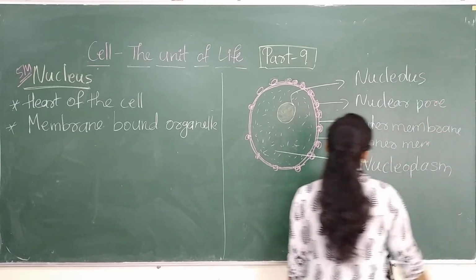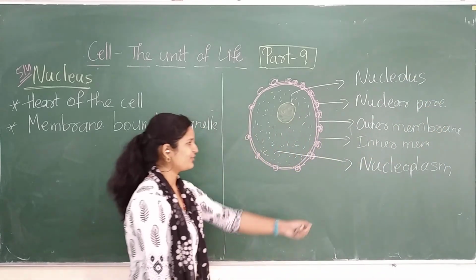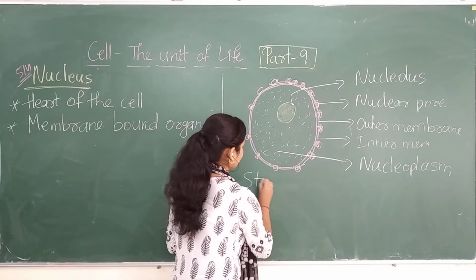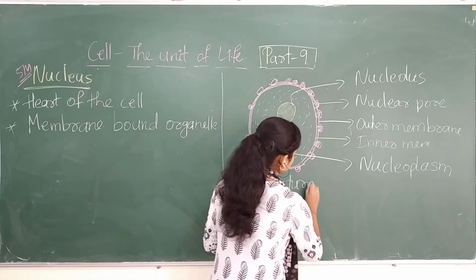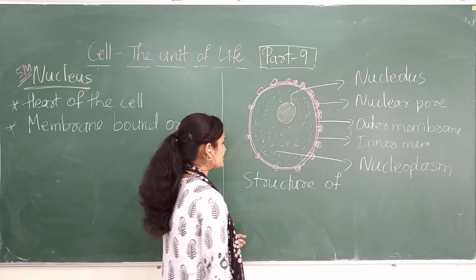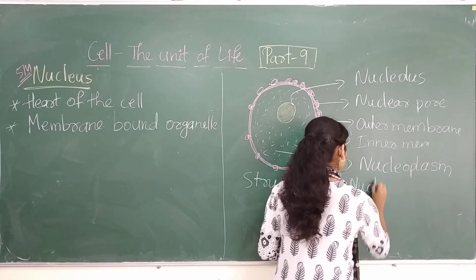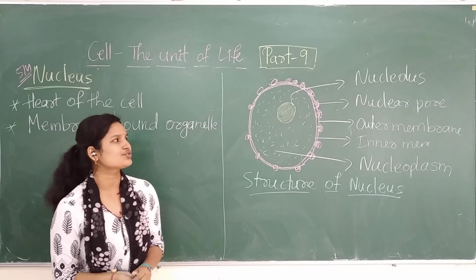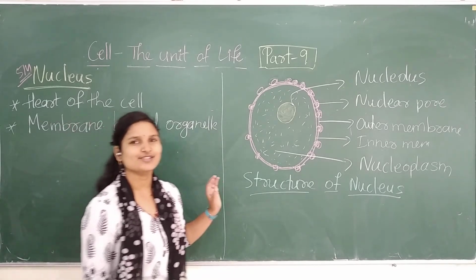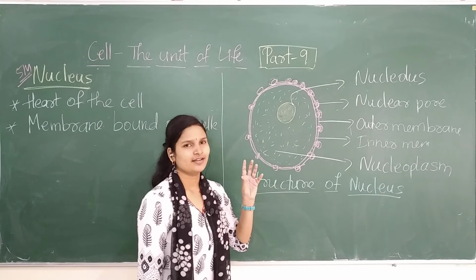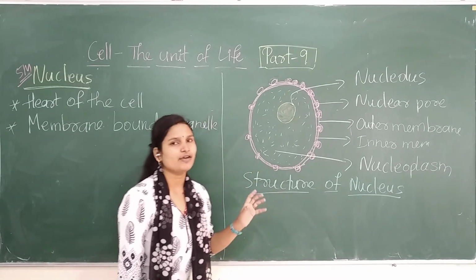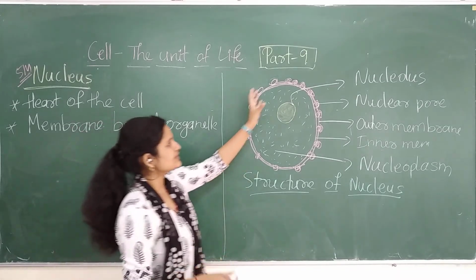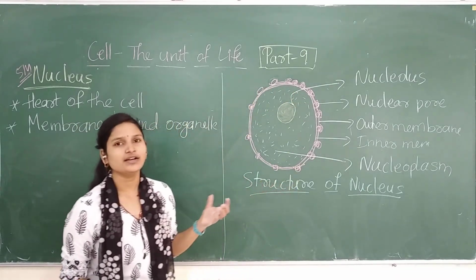Now we will get the answer to how the ribosomes are formed. So this is the structure of the nucleus. It's better to write it, or else you will think that it is a cell. I am teaching the nucleus and students are telling me that there is a presence of cytoplasm. Be concentrated here and try to understand the concept. This is the nucleus, the heart of the cell.